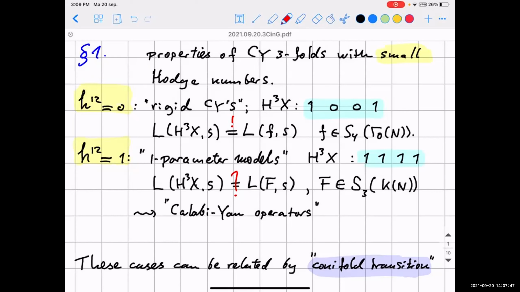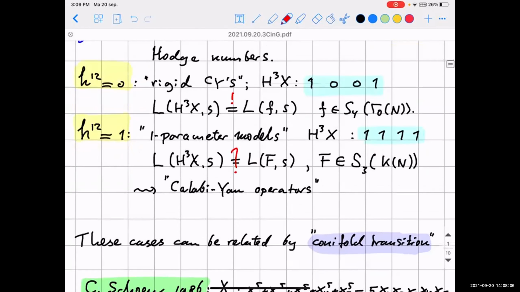So these are sort of first very unknown types of objects. There is a speculation that the L functions of such varieties always come from paramodular Siegel forms of weight 3, but up to now there are just a few examples.